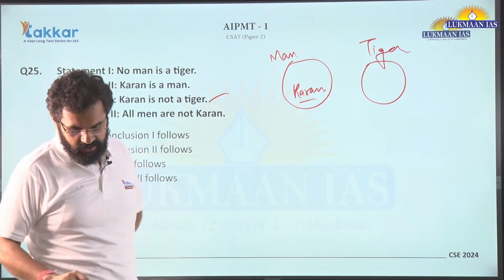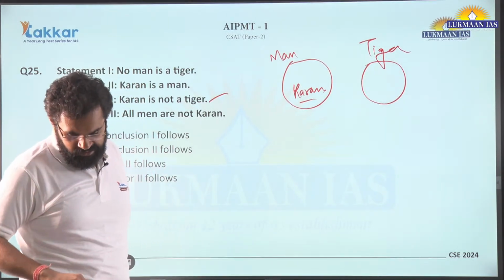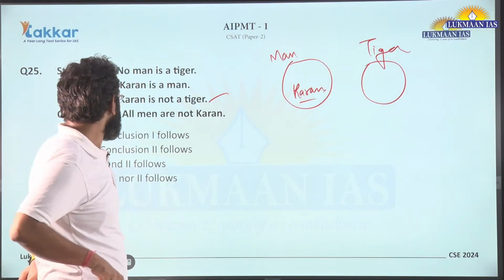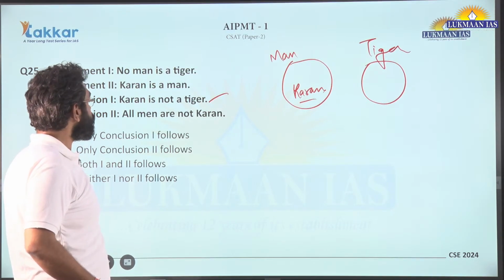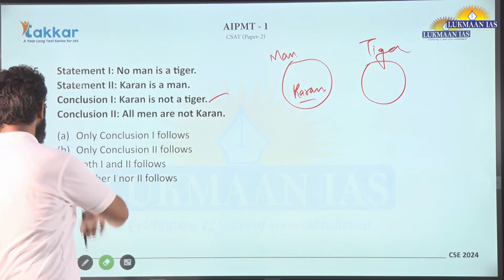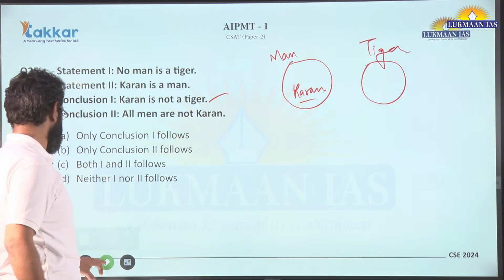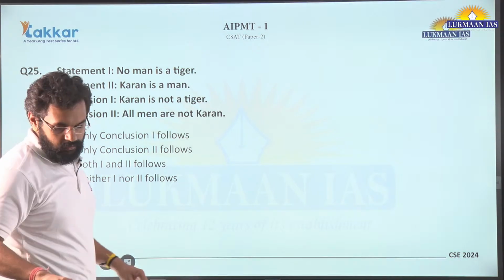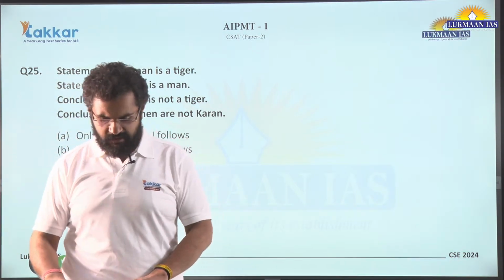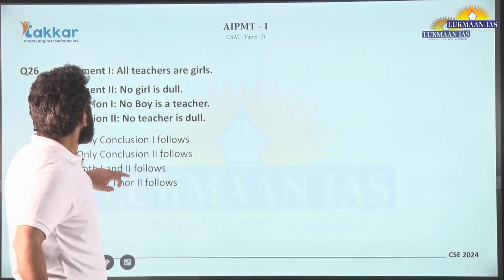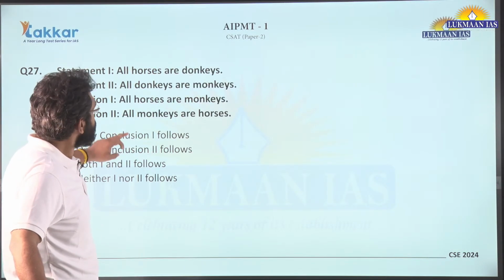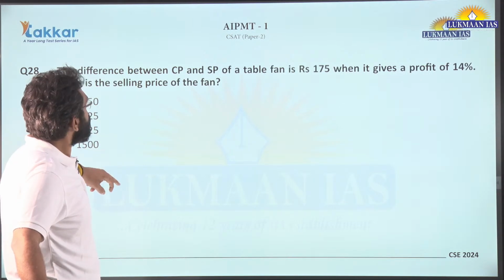At least one of them is Karan. So in this case also only conclusion 1 follows. Option A. The rest 2 are also of a similar kind. I guess you can solve them.